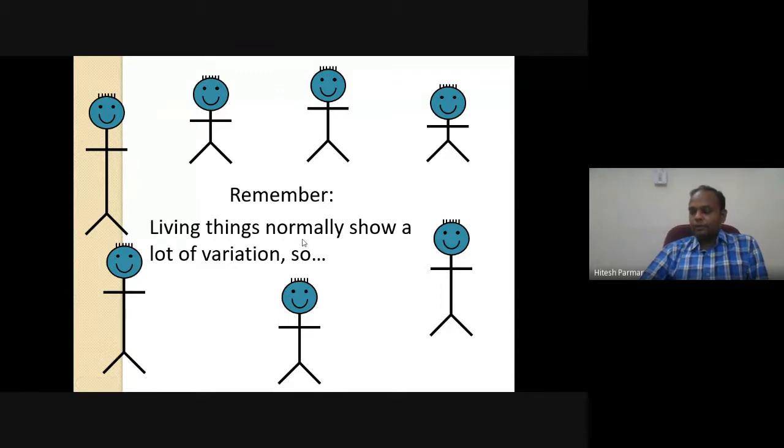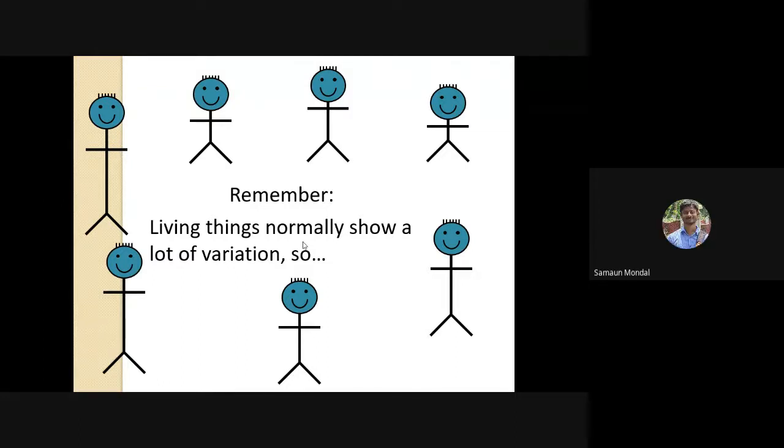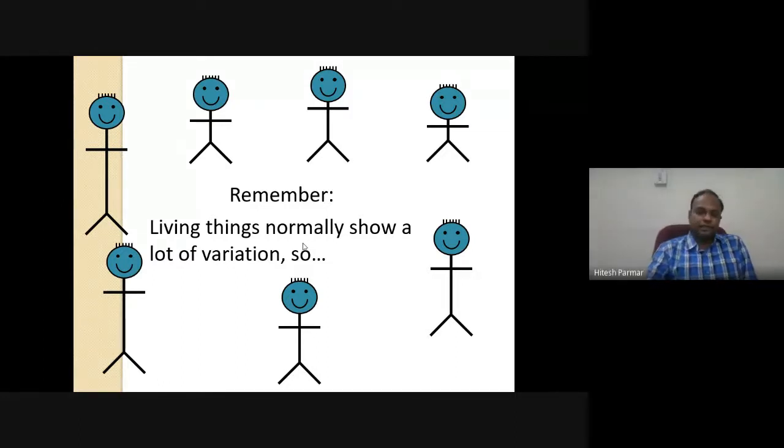To support mean, what should we add for comparison? Standard deviation. Yes, perfect answer. Along with mean, we need to add standard deviation because living things normally show a lot of variation.